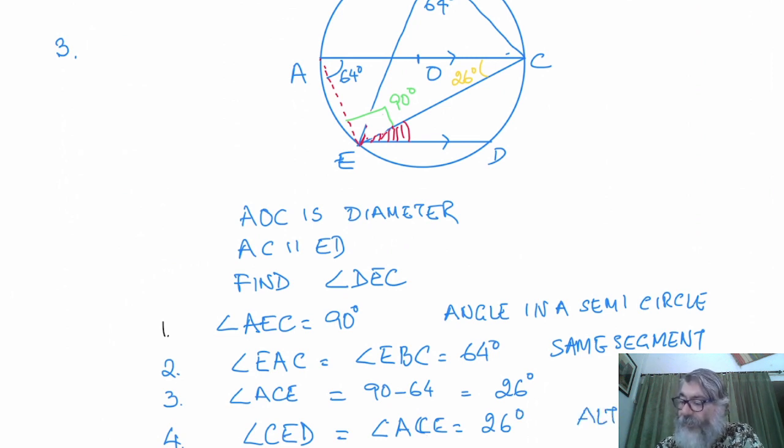Alternate angles. Why alternate angles? Because two lines are parallel and a third line cuts them. So this angle also becomes 26 degrees.